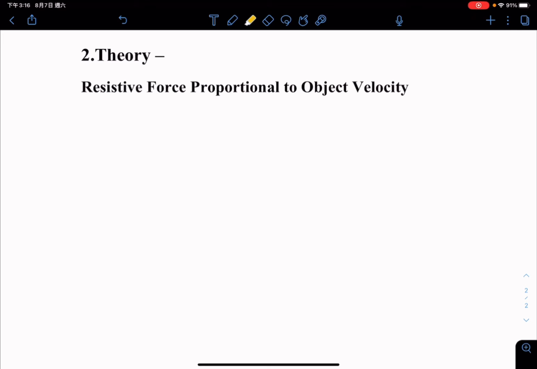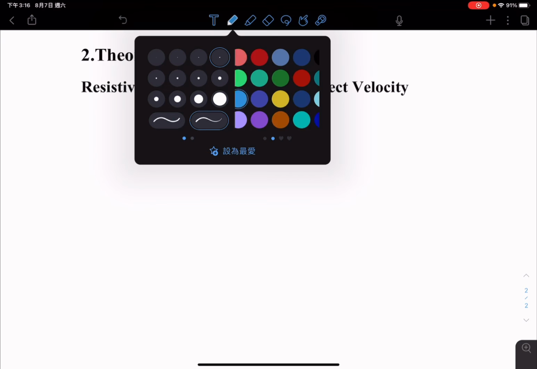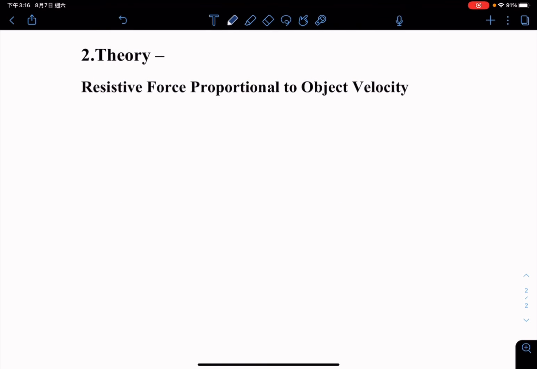As a result, we can write down the equation: the resistive force is equal to minus b times v.